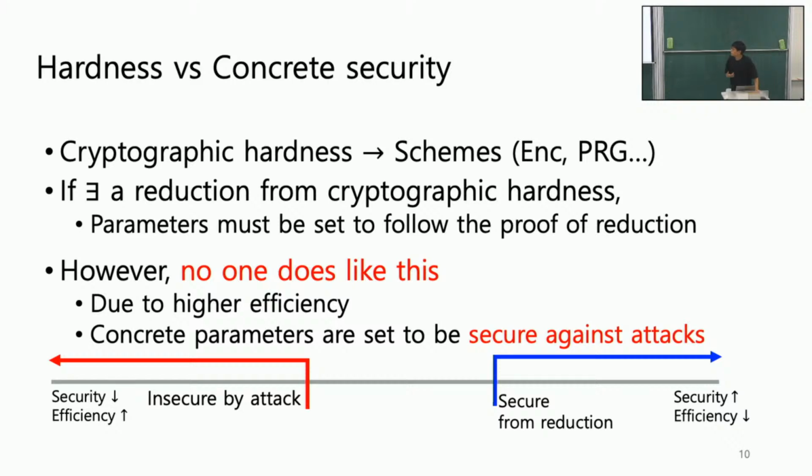When you use the parameters in the blue area, then our scheme is secure, and when you use the parameters in the red area, then our scheme is broken by an attack. Then in this situation, current parameters are set as the black point, which means we want a more efficient scheme with tight security. So there is a gap between current parameters, concrete security, and hardness.